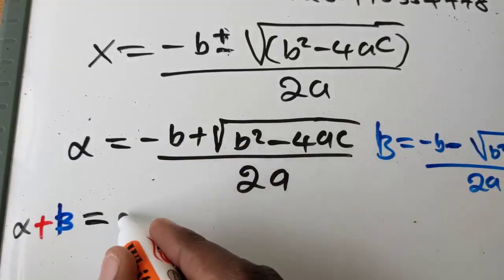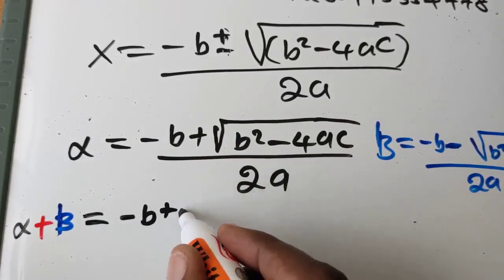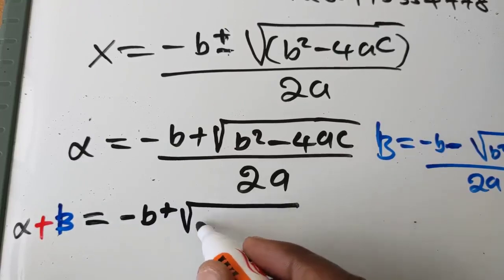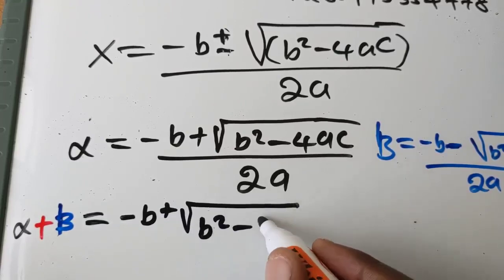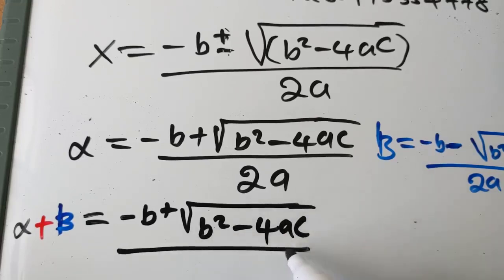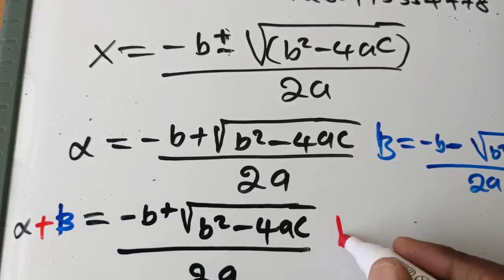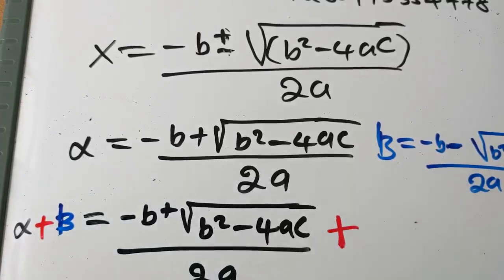The formula for alpha is negative b plus the square root of b squared minus 4ac, over 2a. Then we are adding. This is the sum that we are looking for.